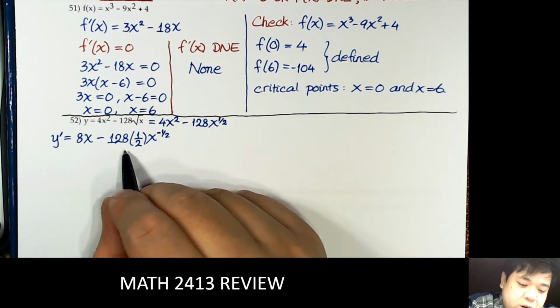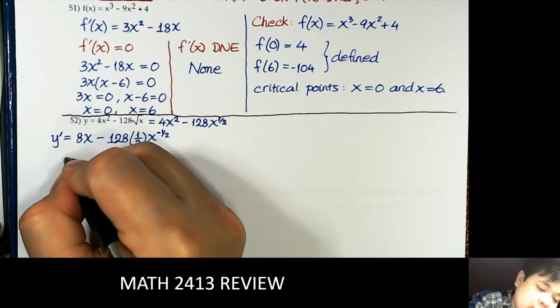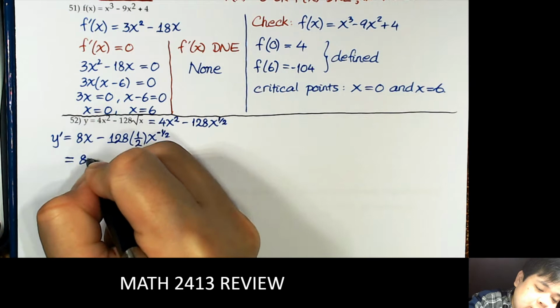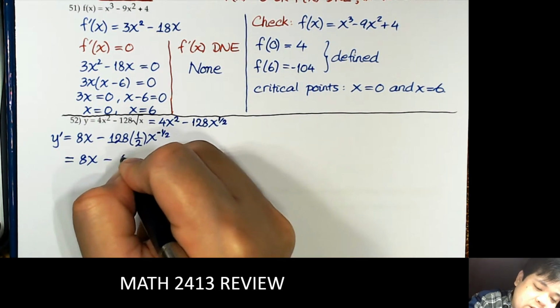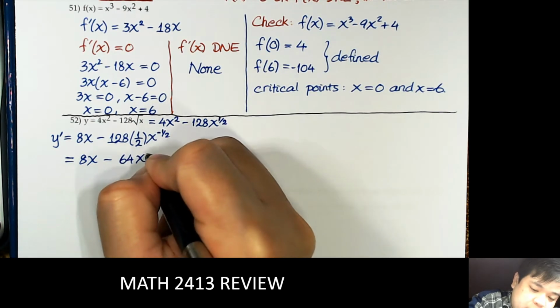So that gives us 64, 8x minus 128, so that's 64 x to the negative 1/2.